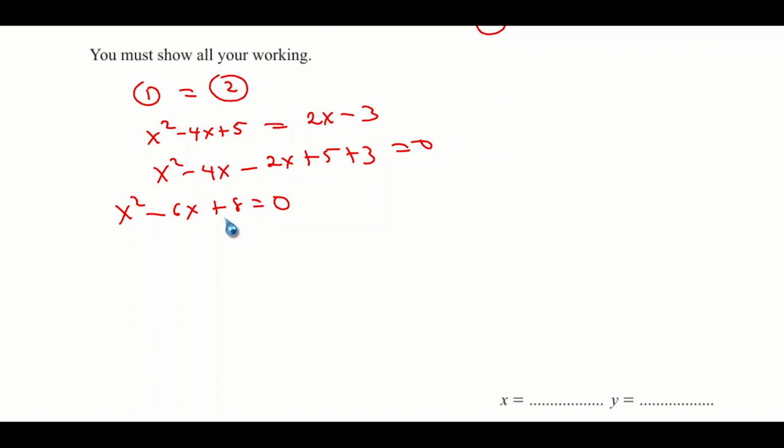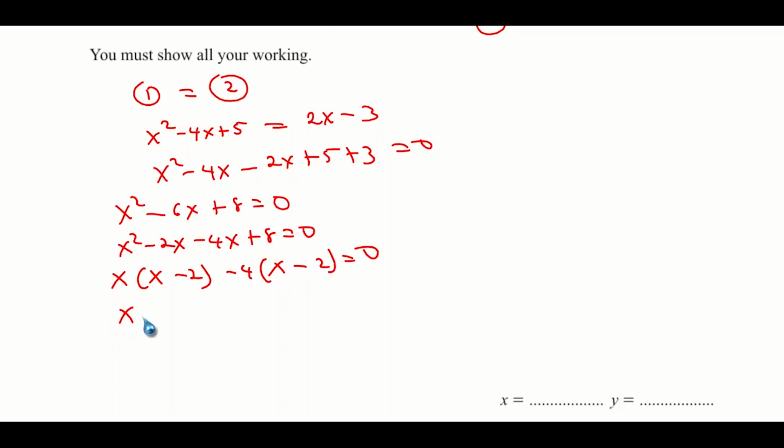Then we can now use the factorization method. This will be 2 times 4, then minus 2 minus 4. So we can actually say x squared minus 2x minus 4x plus 8 equals 0. This will be factored into x minus 2 minus 4 into x minus 2 equals 0.